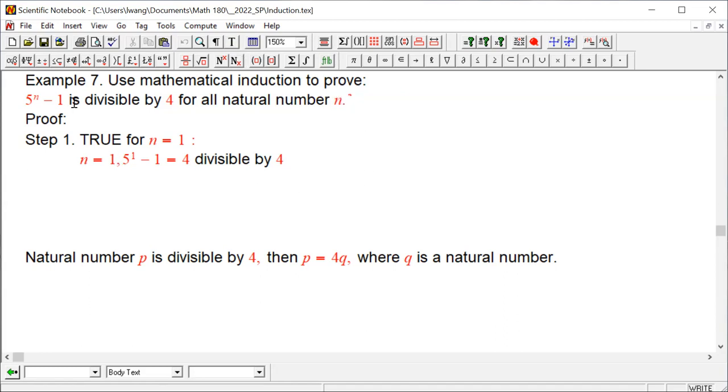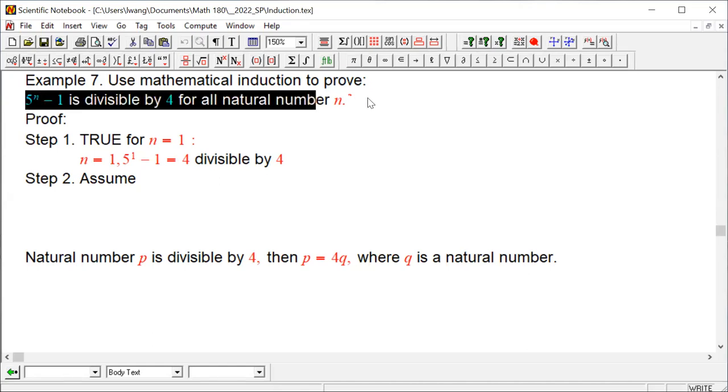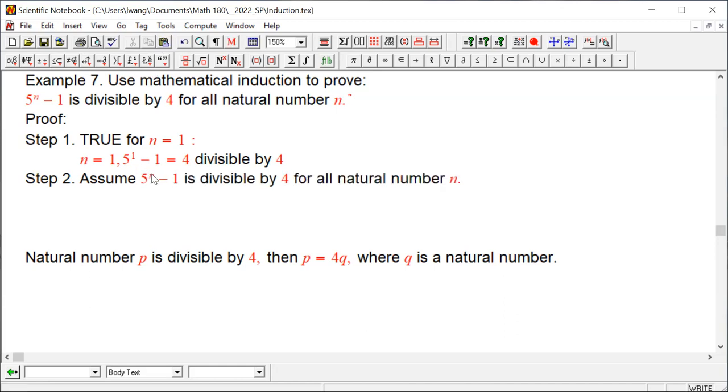Step 1 is finished. Step 2, we assume that the statement is true for k. So 5 to the power of k minus 1 is divisible by 4 for natural number k.